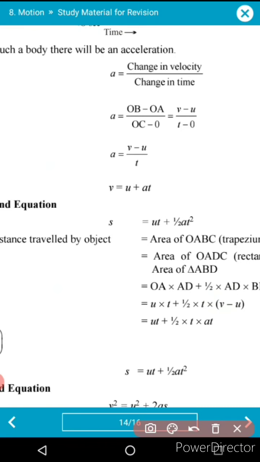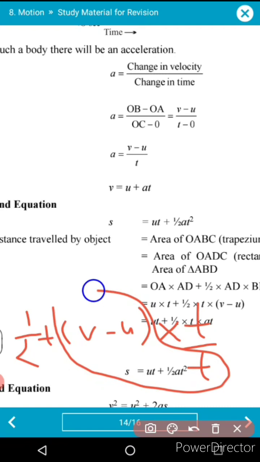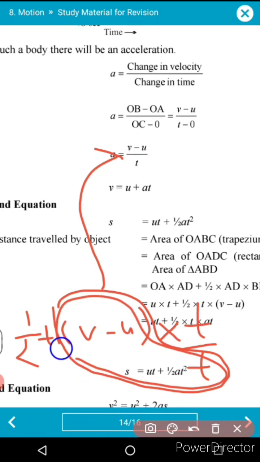See, the equation is half of T into V minus U. Multiply this by T and divide by T. This V minus U by T is acceleration. So this total value is converted into A.